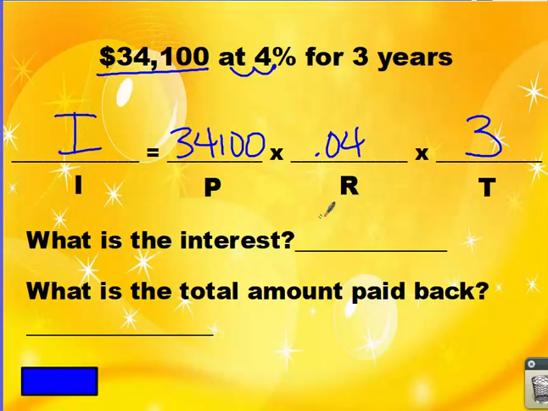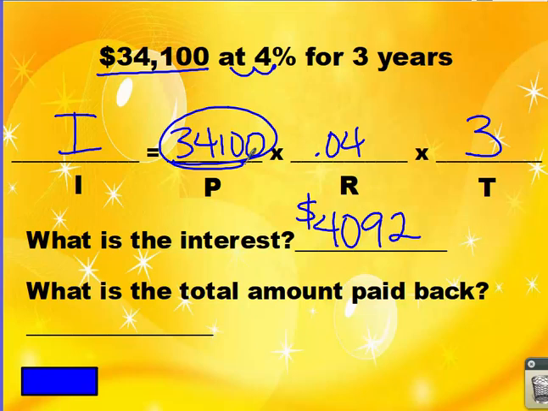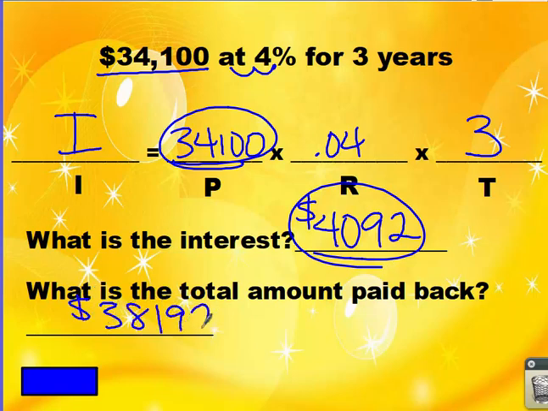Okay, so our interest is $4,092. So what is the total amount paid back then? Well, in order to find the total amount, I take the $34,100, our principal amount, and the $4,092, and add those together. And we get a grand total of $38,192 that I'd have to pay back.